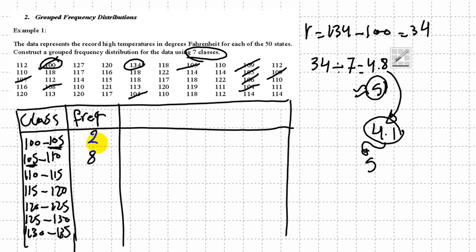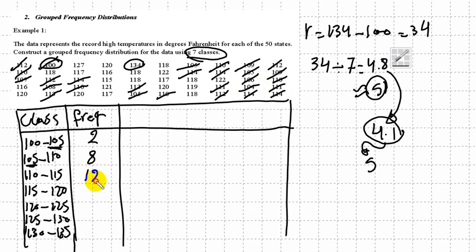110 to 115, let's count 110, 111, 112, 113, and 114. 1, 2, 3, 4, 5, 6, 7, 8, 9, 10, 11, 12, 13, 14, 15, 16, 17, 18.